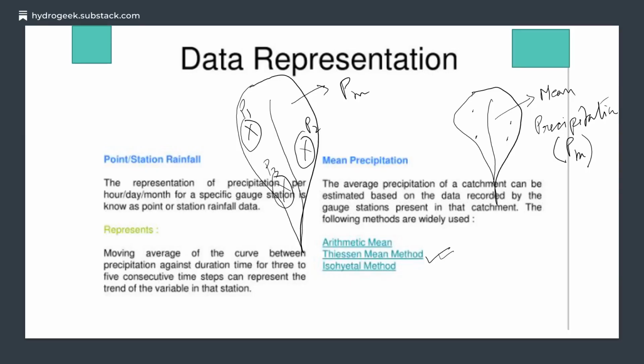First of all, connect the adjacent rain gauge stations with a straight line. Let this be P1, P2, P2, P3, P3, P1. Now bisect these connecting lines by drawing a perpendicular.